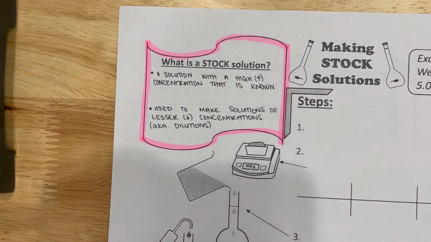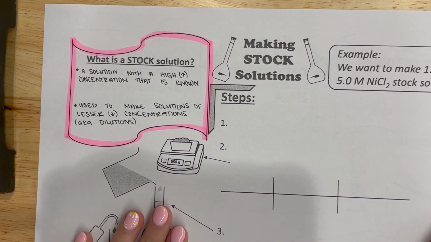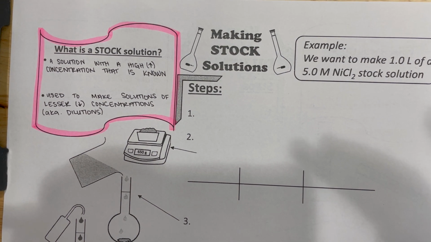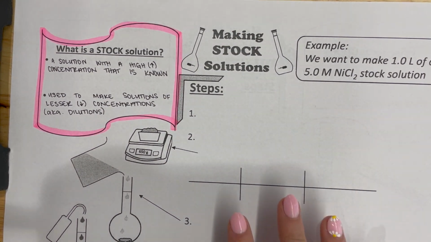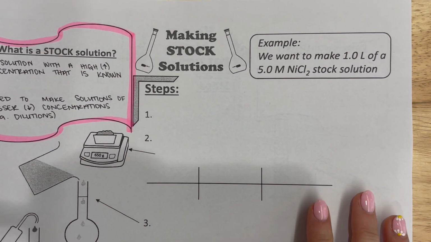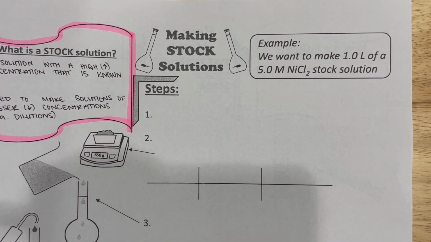Okay. To go through the steps of this, we're also going to go through an example problem. The example problem says we want to make 1 liter of a 5 molar nickel chloride stock solution.